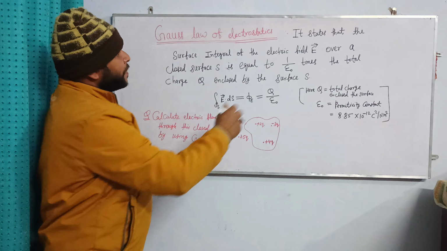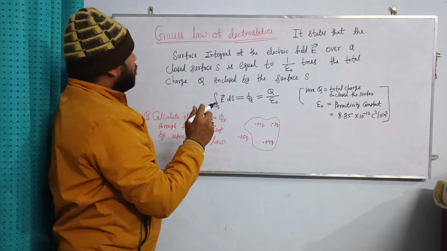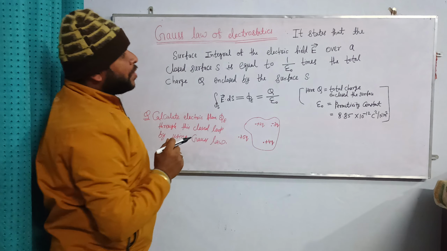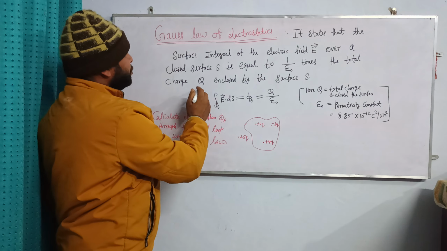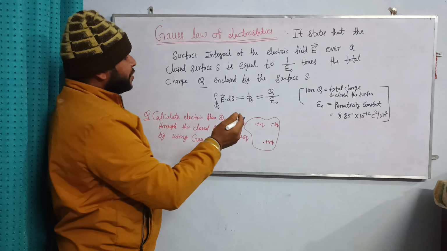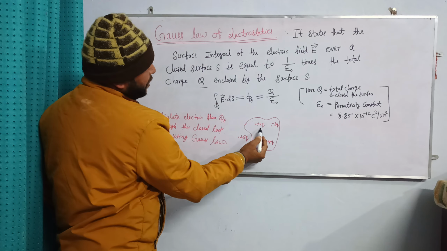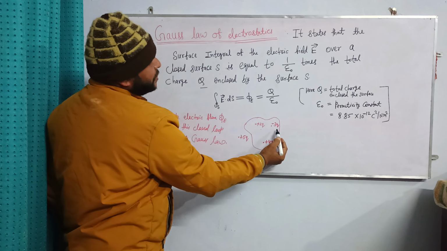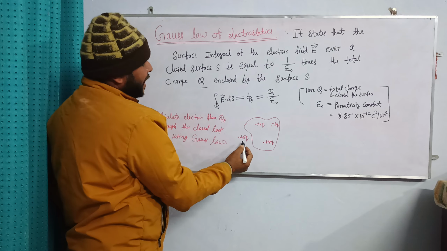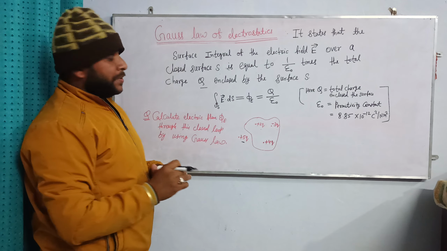According to this law, the surface integral of electric field over a closed surface S is equal to 1 upon epsilon naught times the total charge Q enclosed by the surface. It means that if any closed surface is available, suppose the charges are plus 2Q, minus 3Q, plus 4Q, and plus 5Q.